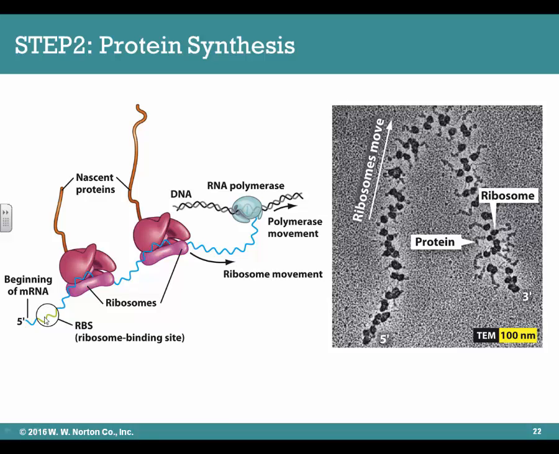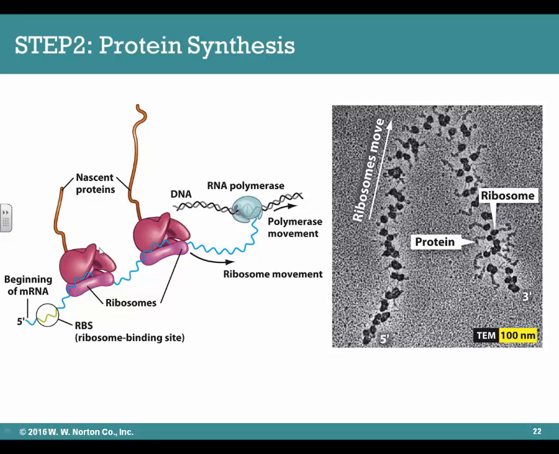But just after that part, there's a conserved sequence, an ATG, where the ribosome will bind and begin its process of translation. And more than one ribosome can be attached to a single messenger RNA at the same time.